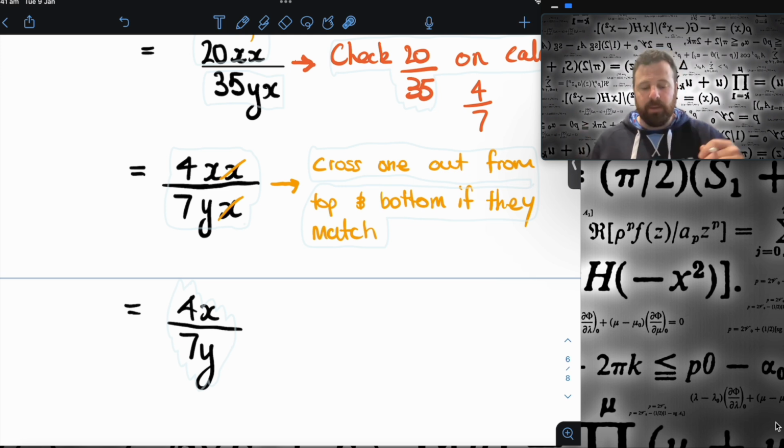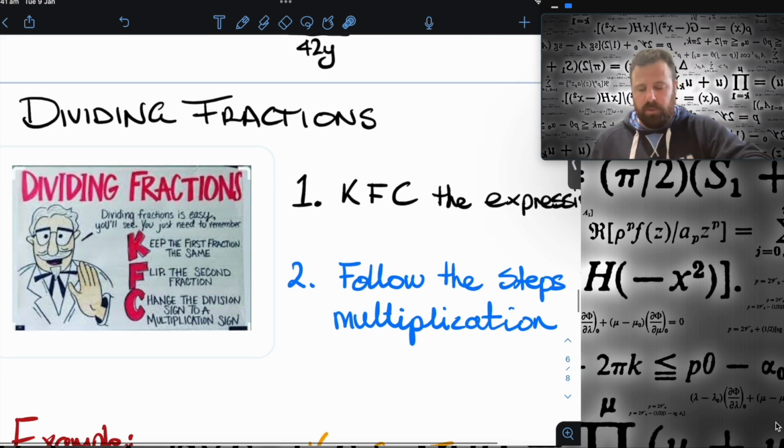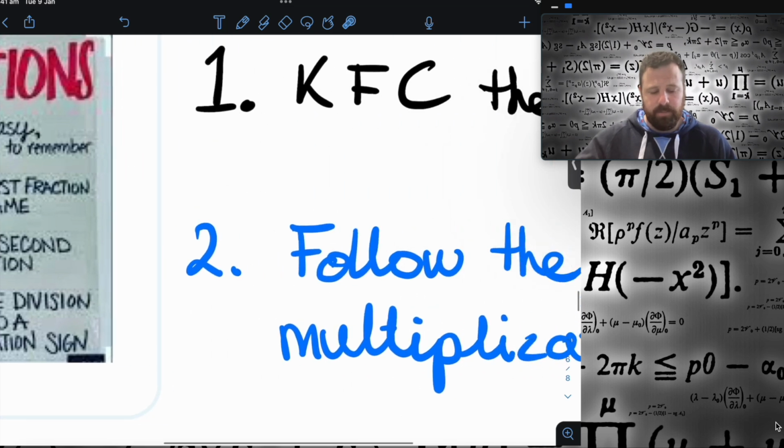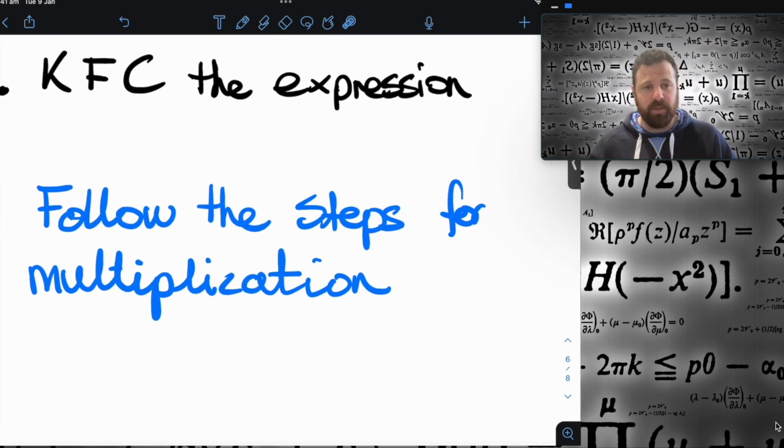So in summary, to divide fractions, you KFC those bad boys. Keep the first, flip the second, change the divide into a multiplication. After KFCing it, you now just follow the steps for multiplication.